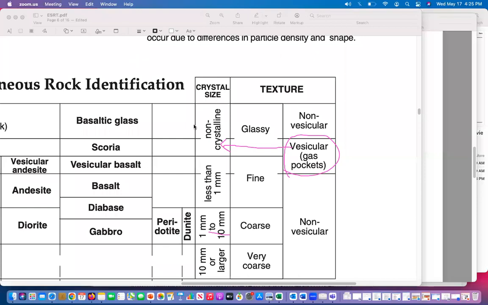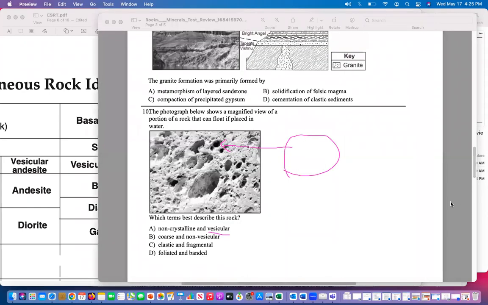So you can have vesicular igneous rocks that also have a glassy texture and no crystals, non-crystalline. And so when I'm looking at that, I see that that is the answer for number 10, which is choice A.